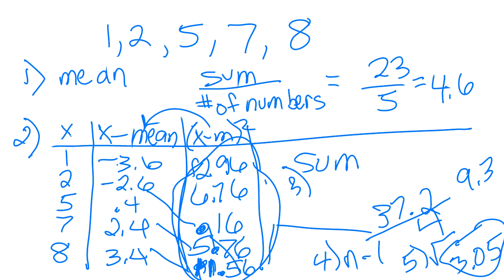No, because it's a sample. It's not the whole population. We seldom know the whole population, so we're pretty much always going to use n-1 for a sample. In step 4, use n if it's a population.